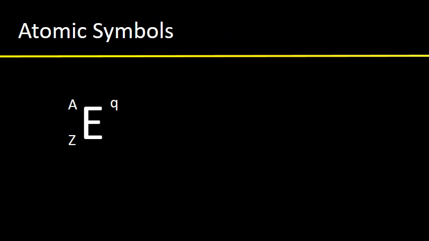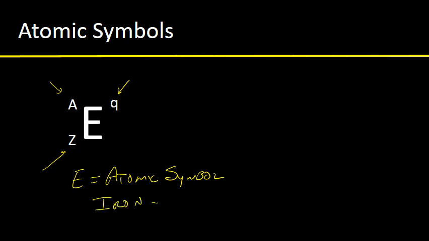Okay, we can describe an atom and the subatomic particles in it by using atomic symbols. And when we use atomic symbols in this way, there are 3 special numbers that we'll put around the symbol, right? Where the E is the atomic symbol, for example, for iron, we would use Fe, or for nitrogen, we use N or whatever.